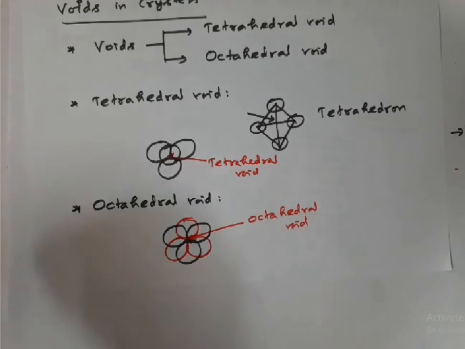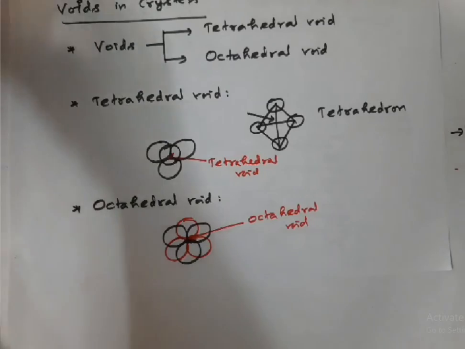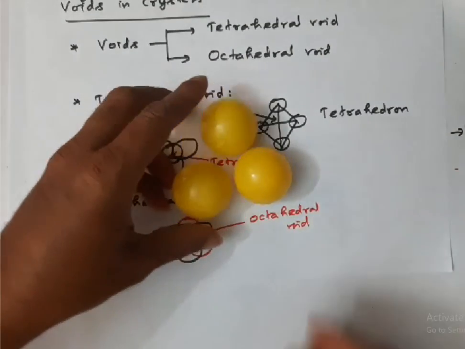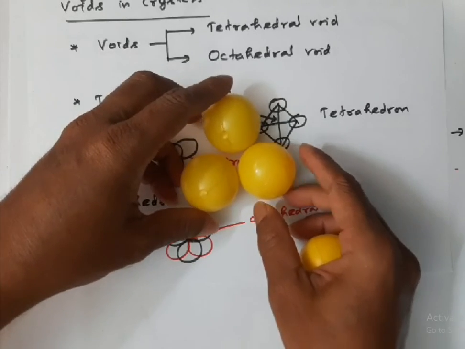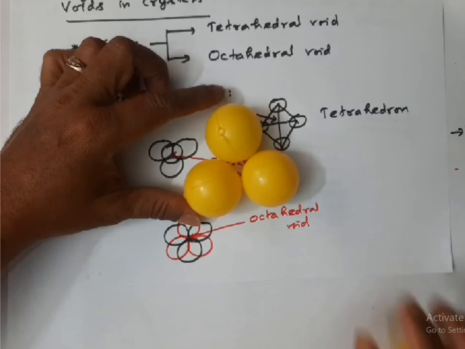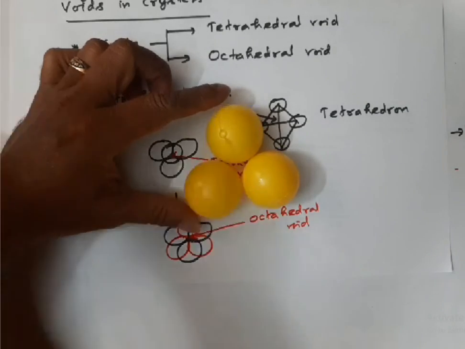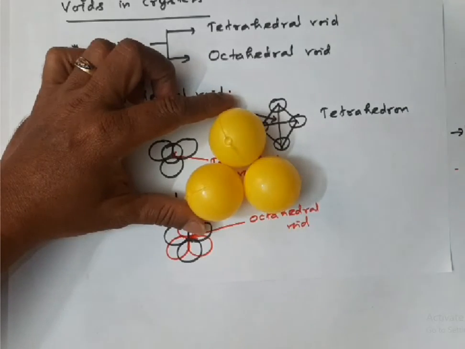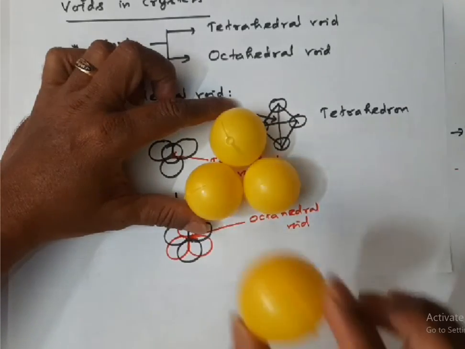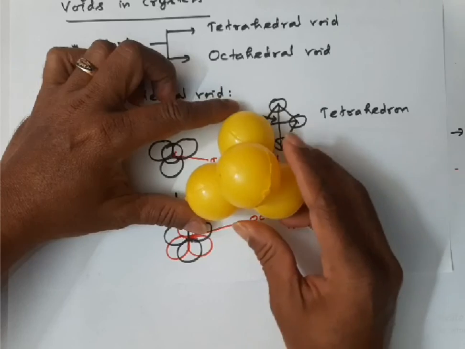Students, listen. Let me place balls like this. If I place three balls like this, you will get a depression at the middle, right? Now I'm placing the fourth ball in the depression.